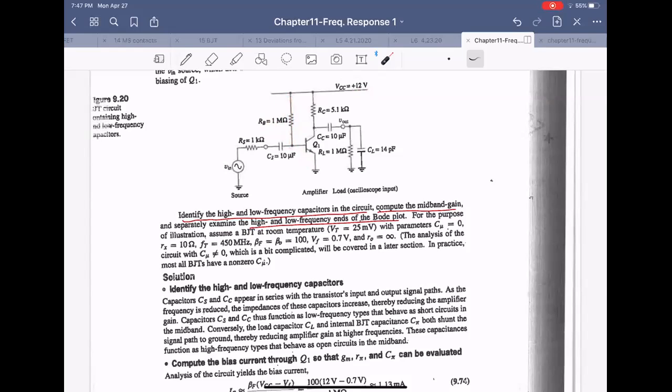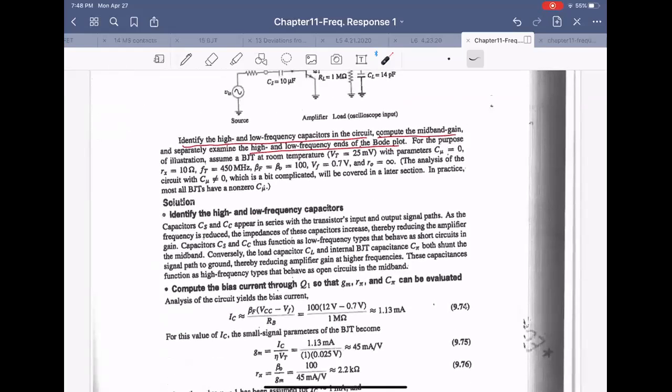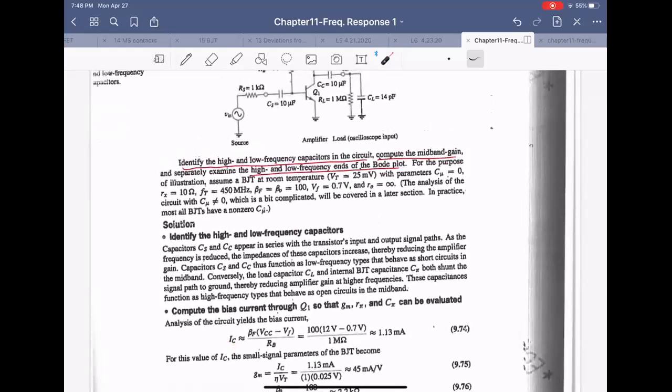And in active mode, beta times IB is the collector current. So the collector current is VCC minus V sub BE, divided by R sub B, which is the base current, times beta is IC. VCC is 12, VBE is 0.7 volts, and RB is 1 mega ohm, times beta 100 is 1.13 milliampere.